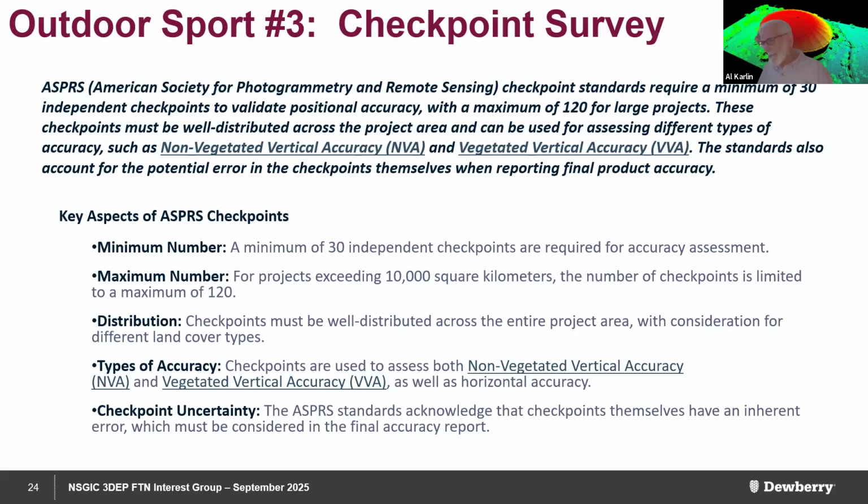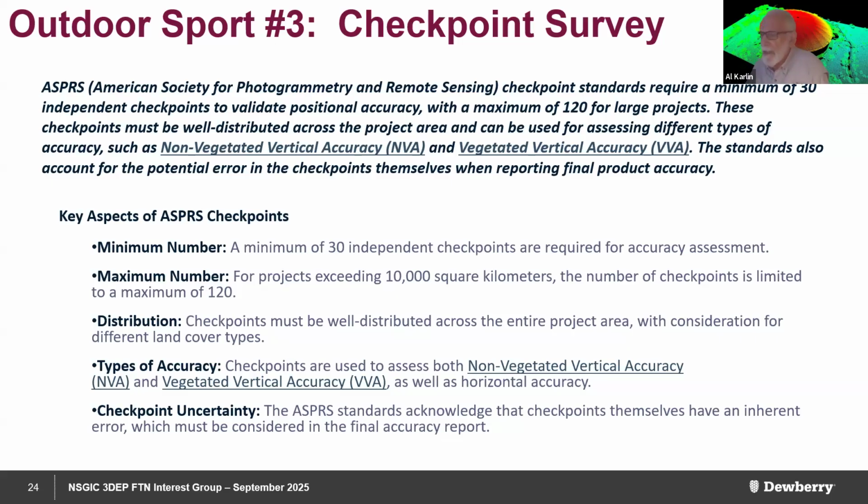So you're looking at somewhere between 30 and 120 checkpoints for any project, and they can serve as either non-vegetated vertical accuracy points, or, to use an older term, vegetated vertical accuracy checkpoints, or even horizontal accuracy checkpoints for that matter.